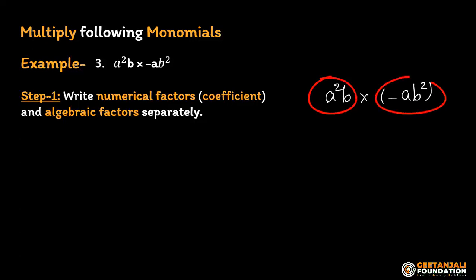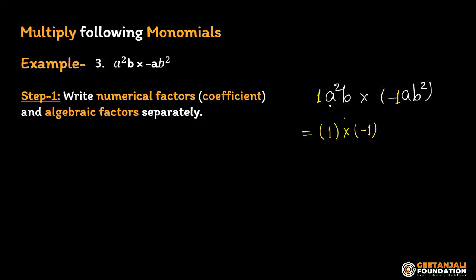When there is no number, it means 1 is multiplied over here. You can assume that 1 is multiplied over here and 1 is multiplied over here. So if I have to separate numerical and algebraic factors, I can write the numerical factor as 1 times minus 1 because I need to consider this sign. So it is 1 times minus 1.